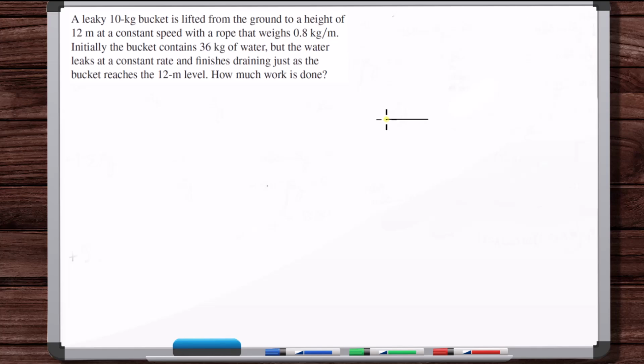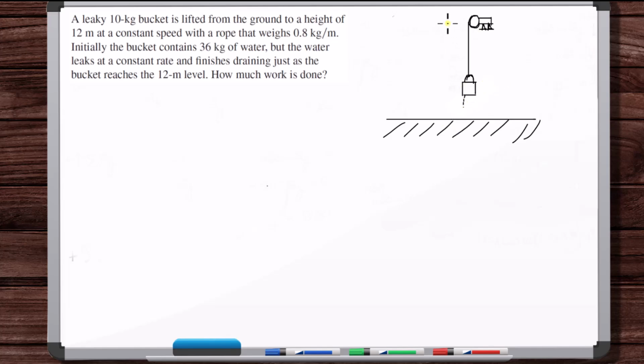All right, so here's the ground. The bucket is 10 kilograms, and it initially contains 36 kilograms of water. So I guess we can imagine like a roller is lifting the bucket up. Okay, it's a leaky bucket.